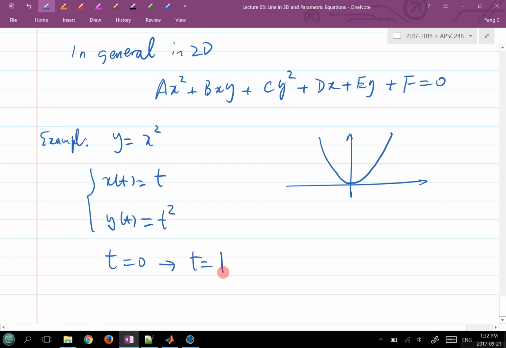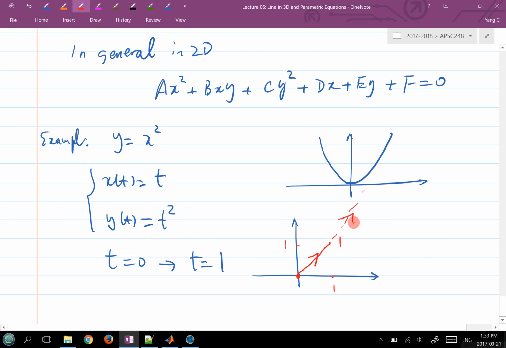Based on this parametric equation, how would I draw the motion? When t equal to 0, it's (0, 0), so it's here. And when t equal to 1, it's at (1, 1), it's here, and it's going along this curve. So from here to here, that's the motion. If t keeps going, you would expect that it'll keep going up.